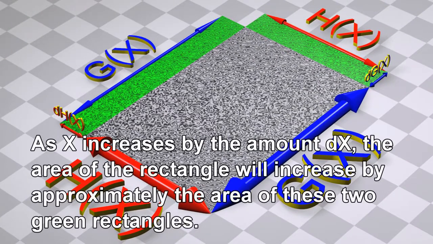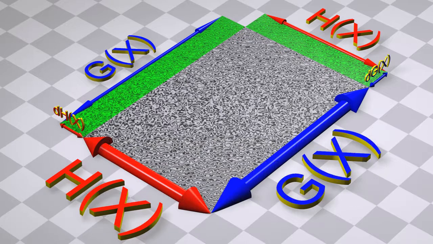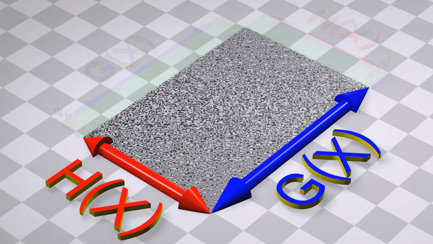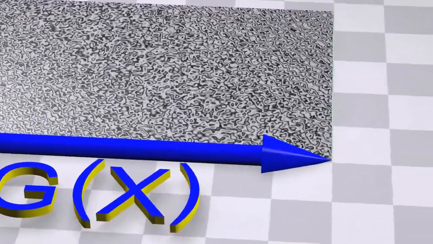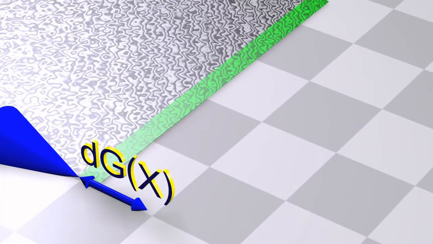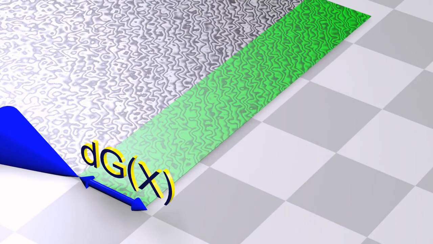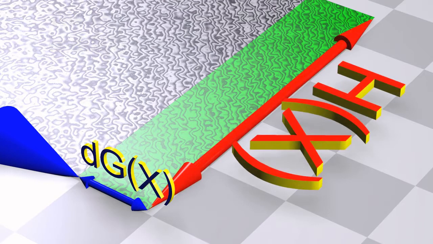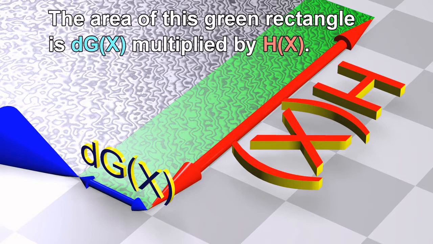As x increases by the amount dx, the area of the rectangle will increase by approximately the area of these two green rectangles. The area of this green rectangle is dg multiplied by h.